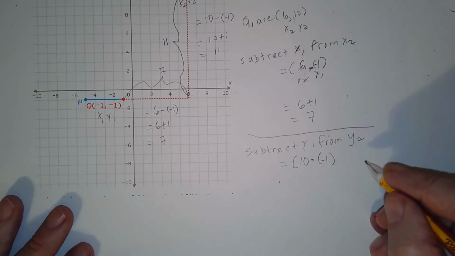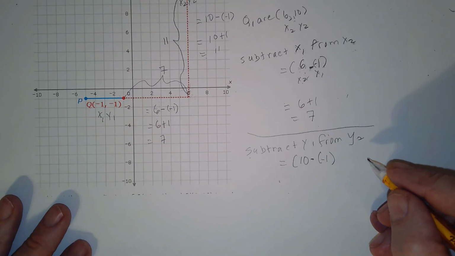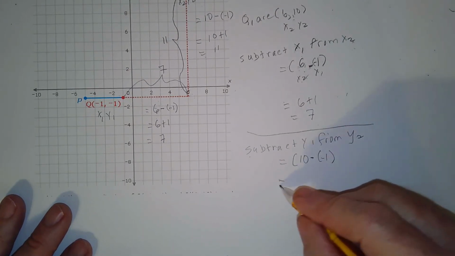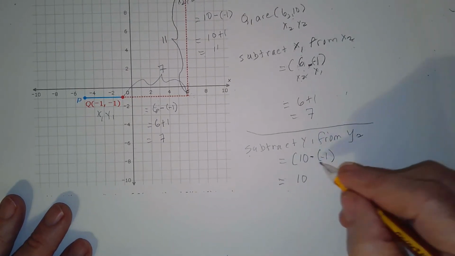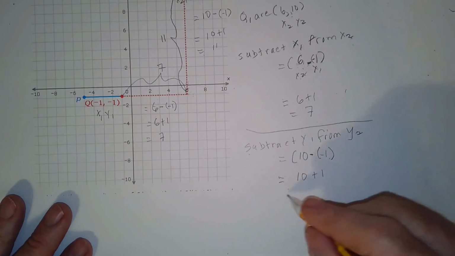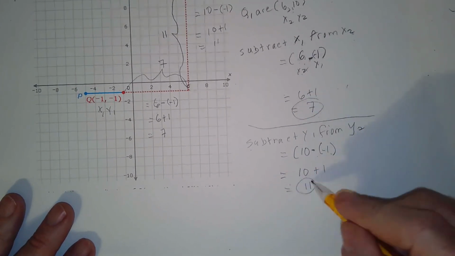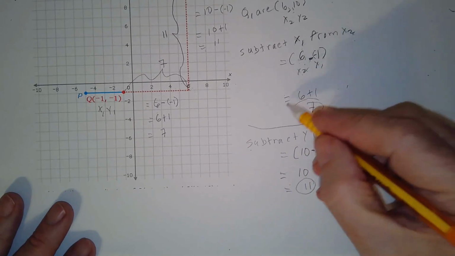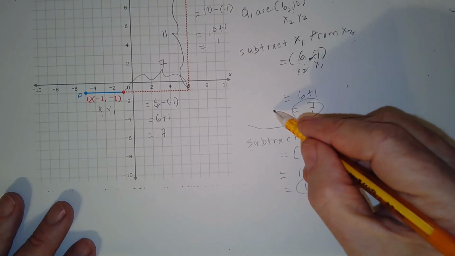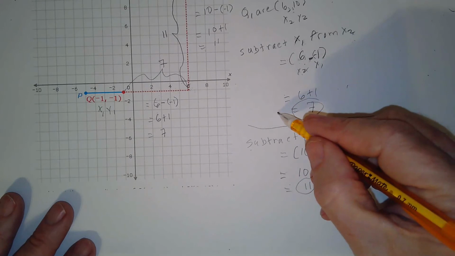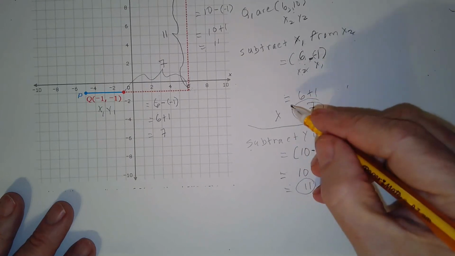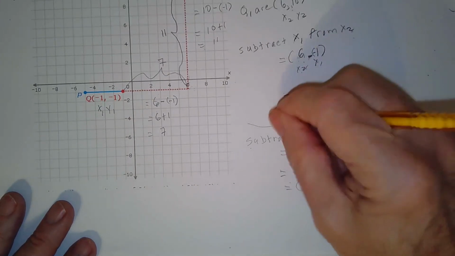Okay, and so that equals 10, and -1 is plus 1, so that equals 11. So the two coordinate changes are 7 and 11.